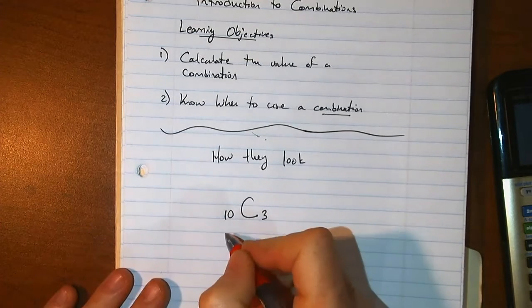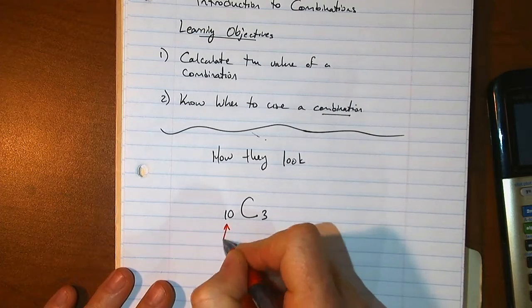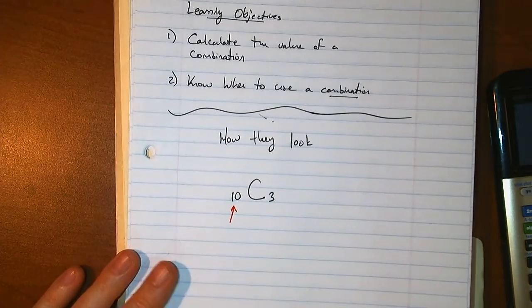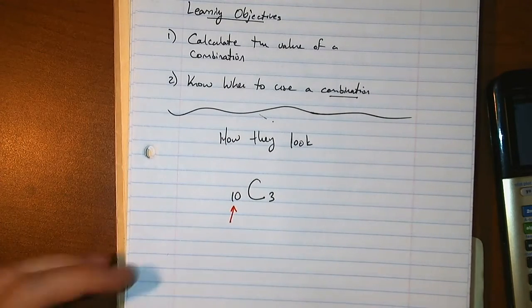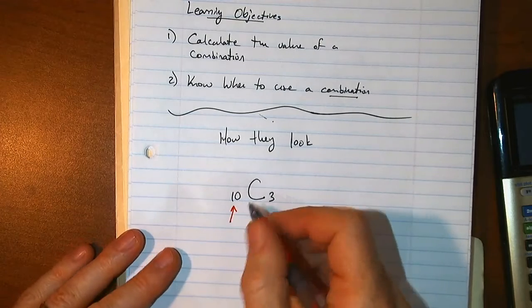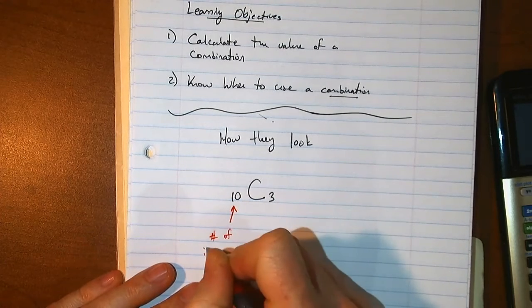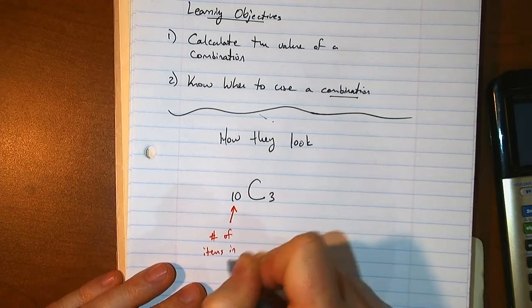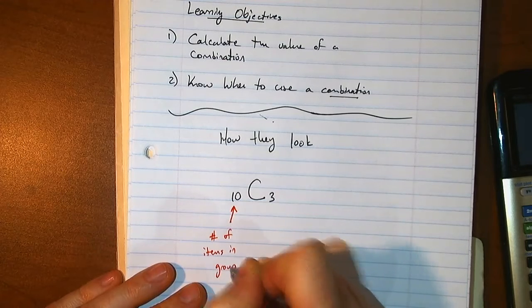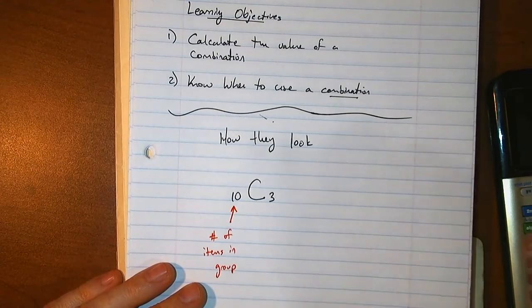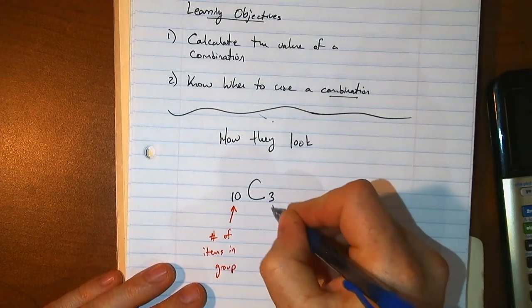And in fact, the numbers mean exactly the same thing as with a permutation: the first number is how many things are in a group. And the second number has to deal with picking things out of the group.